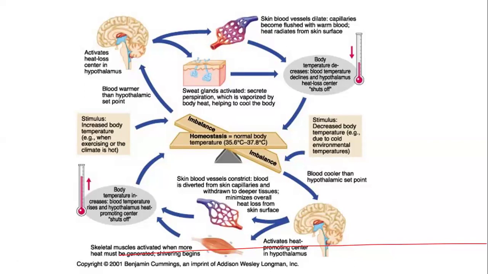And that means now more and more blood is flowing through these blood vessels than was flowing there before. So if a large volume of blood is flowing close to the skin, it's going to mean that more and more heat is being radiated from the skin to the surface.